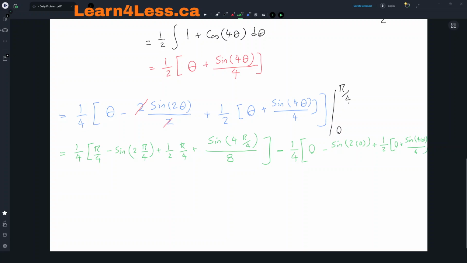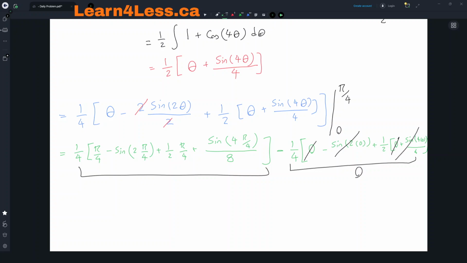So this is when we plug in the lower bound. The second part here, when we plug in the lower bound 0: sine of 2 times 0 is 0, sine of 0 is 0, sine of 4 times 0 is again 0. So this part is entirely 0.